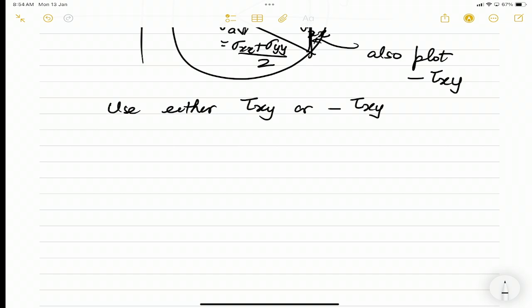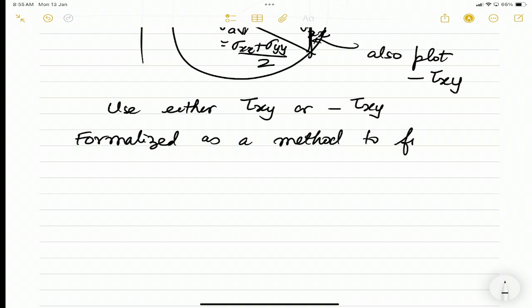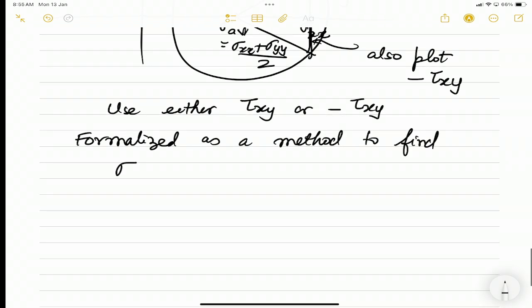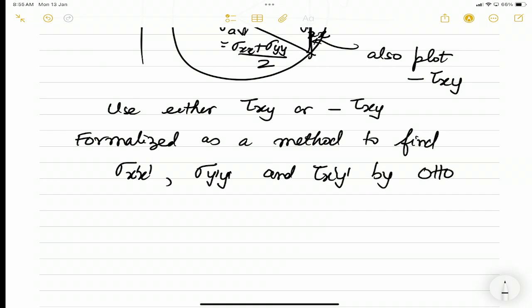So now here, this was formalized as a method to find the stresses by a German civil engineer whose name was Otto Mohr.